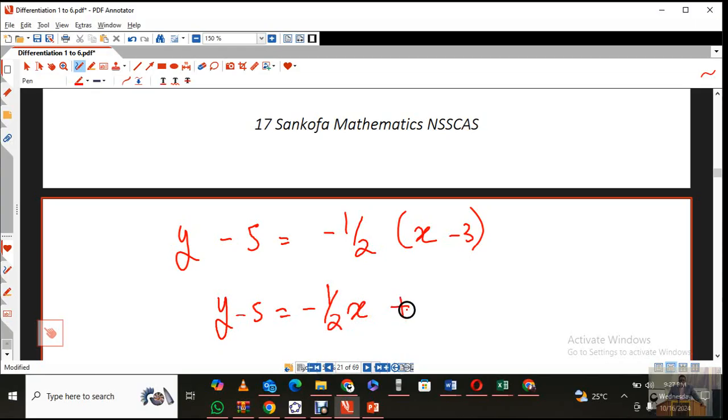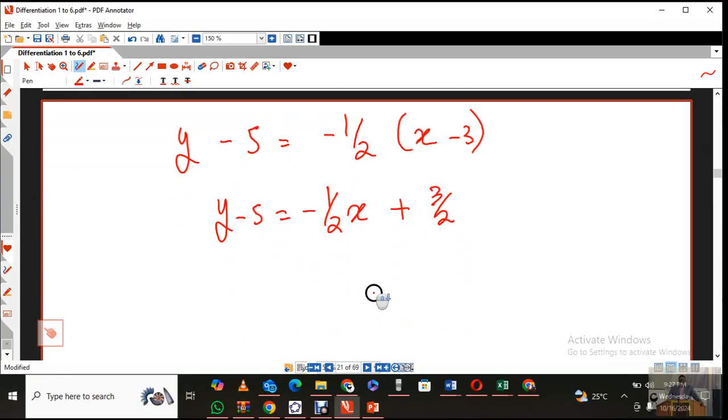Negative times negative is positive, and a half times 3 is nothing but 3 halves. So we bring that 5 back, so the equation is now y equals negative 1/2 of x, and if you add the 5, you're obviously going to get 6.5.